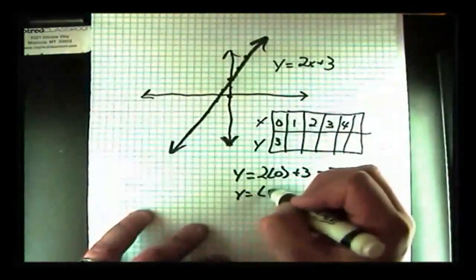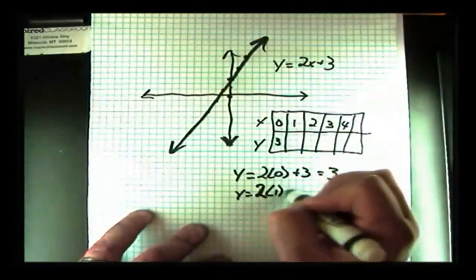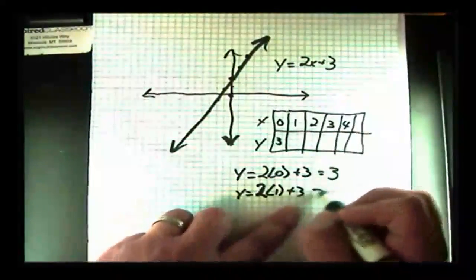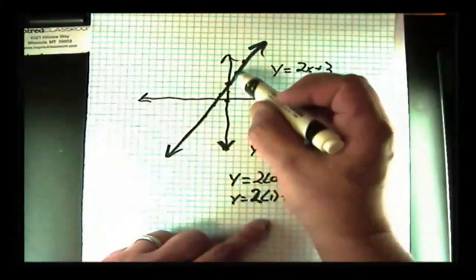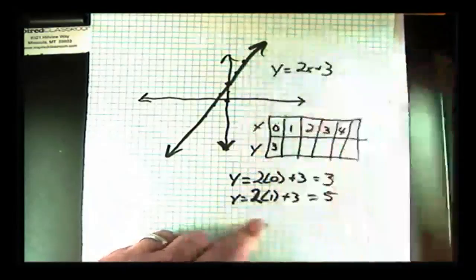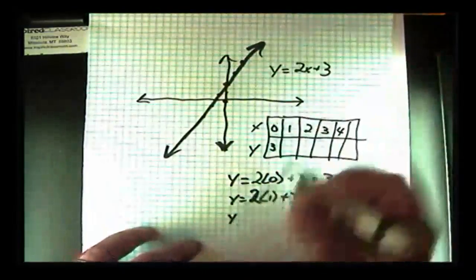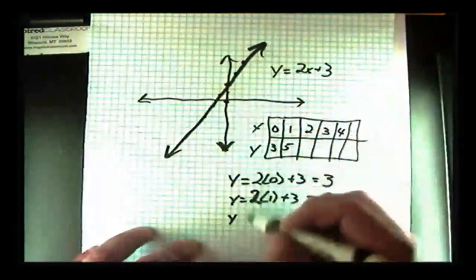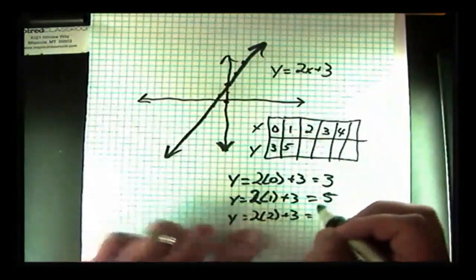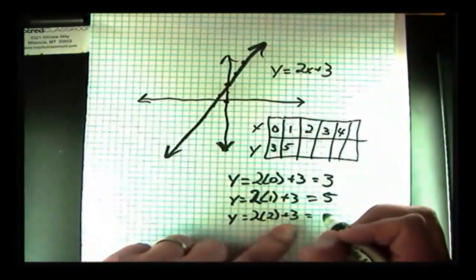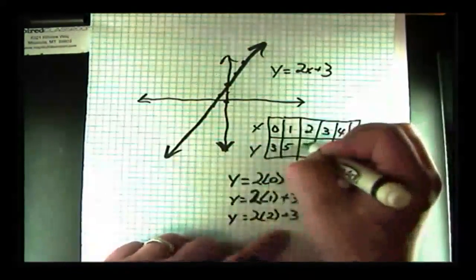I have 2 times 1 plus 3, which is equal to 5. And notice I go to 1 in the x, and sure enough, there I am at 5 in the y, so I'm on my line, so that's good. So this is 5. Here I have 2 times 2 plus 3, which is 4 plus 3, 7. So here we are, 7.